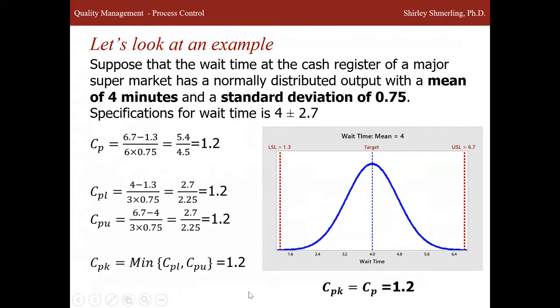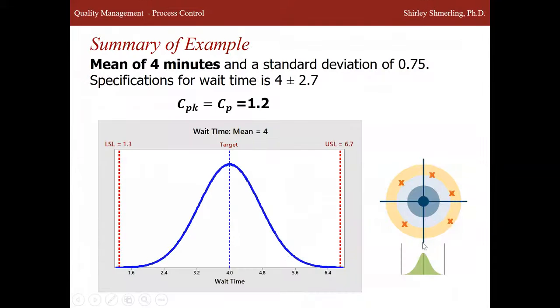And in this case, the one-sided index equals the capability index, which is 1.2, and we see visually that it's all symmetrical. It goes with this kind of scenario. So we will say that in this case, the process is centered and capable. Although in practice, we want it to be above 1.3, but theoretically, let's just assume that the 1.2 right now is what's telling us that it's capable.